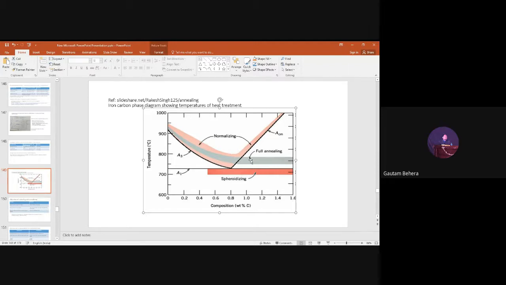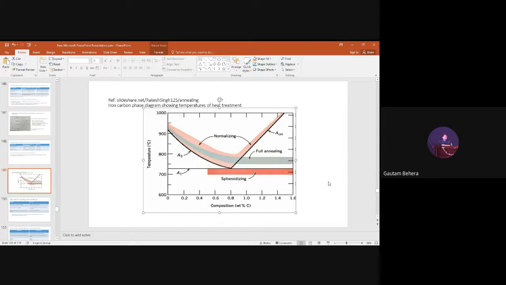So now, if you have this kind of picture, can you tell me which one is full annealing, which one is partial annealing, which one is subcritical annealing? Sir, you have to justify that. Full annealing is above A3.